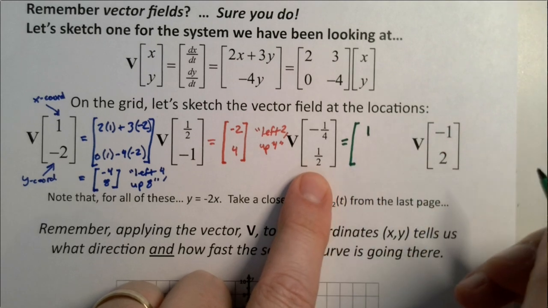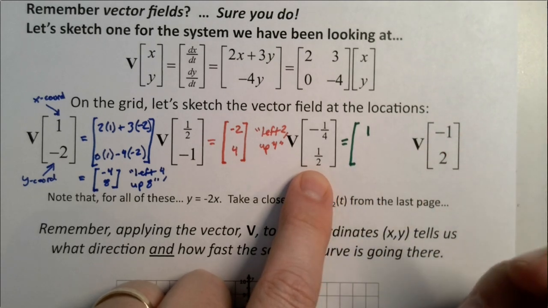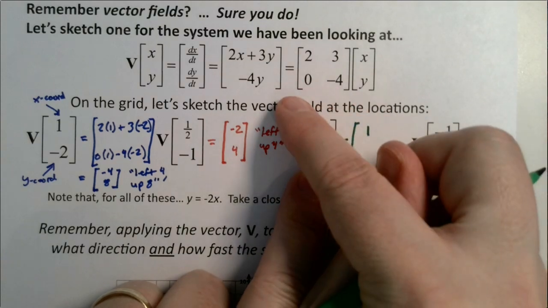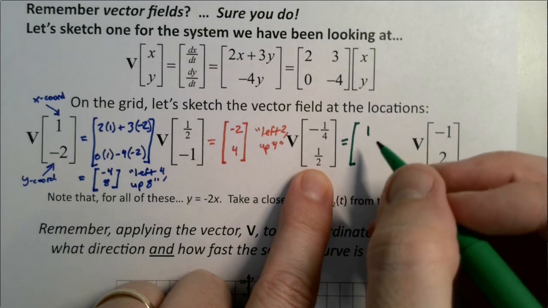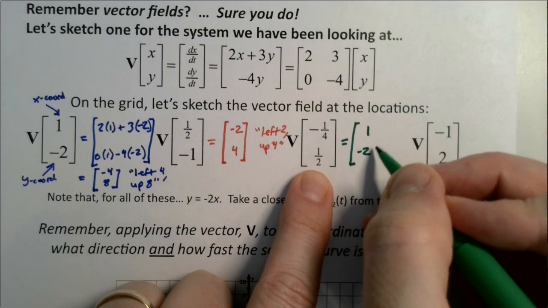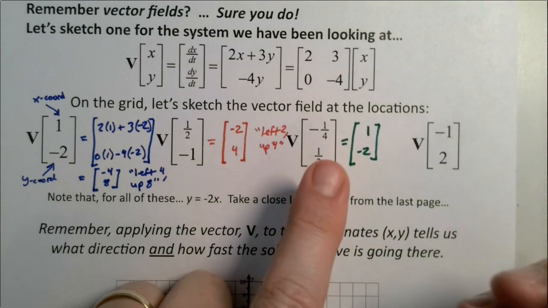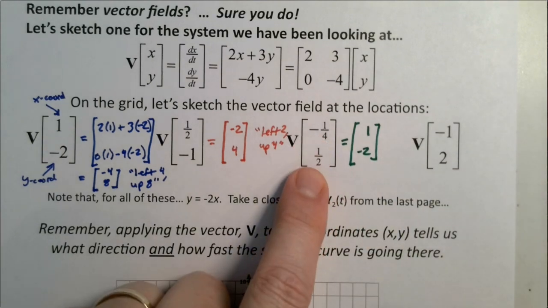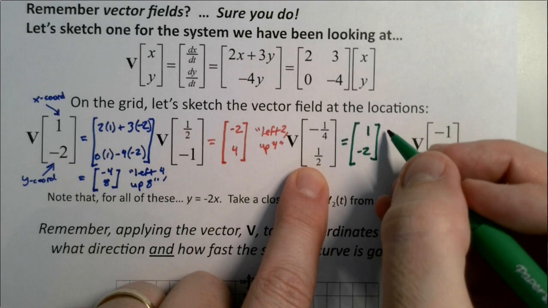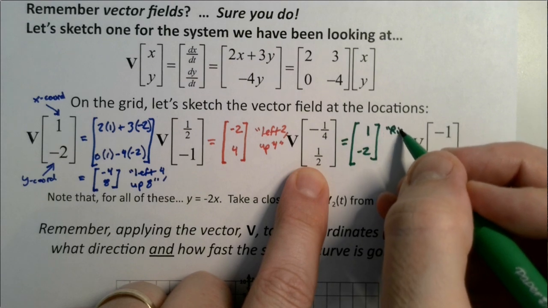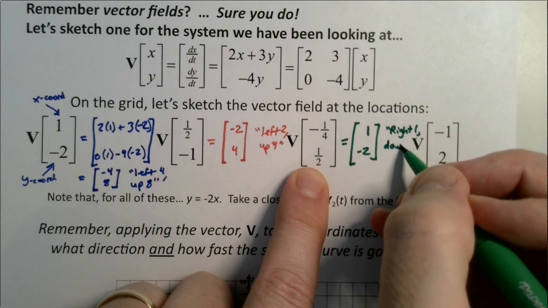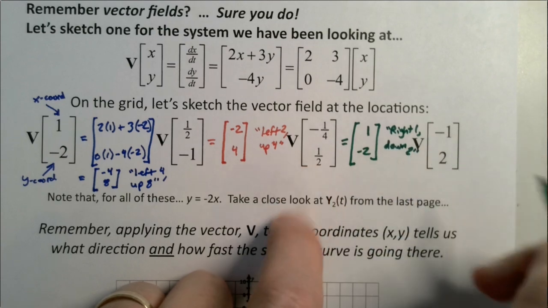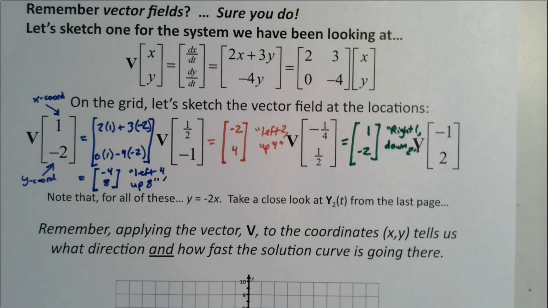And for the other direction here, we'd say 0 times the x-coordinate minus 4 times this y-coordinate of 1/2. So minus 4 times 1/2 is minus 2. So at the x-coordinate, negative 1/4, y-coordinate 1/2, this thing is telling me to go right 1, down 2. Right? So we can plot that.